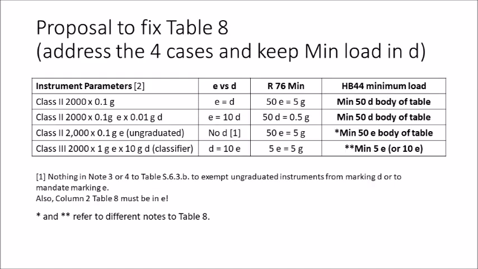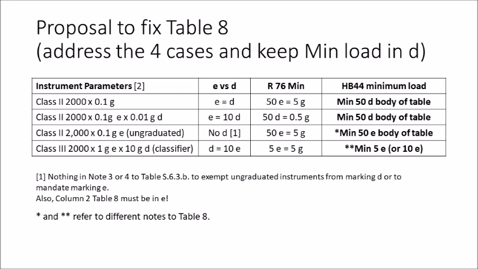But if we wanted to fix Handbook 44 and make it more intuitive, that is, base the minimum load in D, we can do it by simply reorganizing the table a little bit. So if we take Class 2, 2000 by 0.1 gram where E equals D, the R76 is 50E or 5 gram, we could say use the body of the Handbook 44 table in D, so the minimum would be 50D in the body of the table.